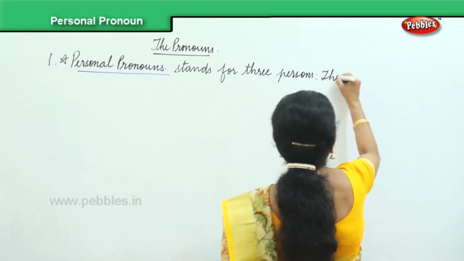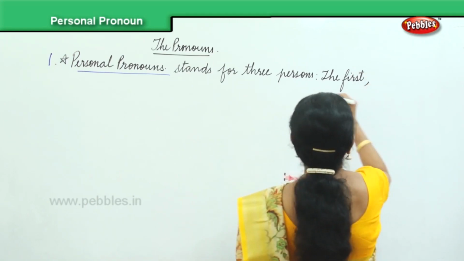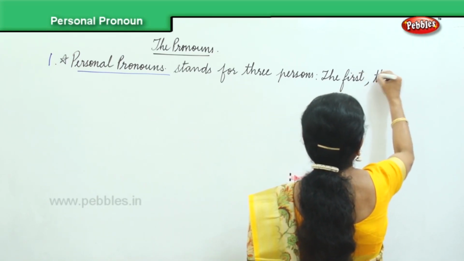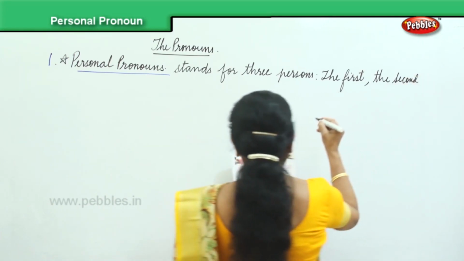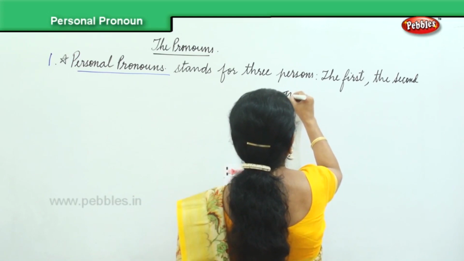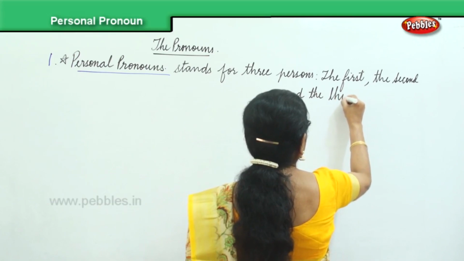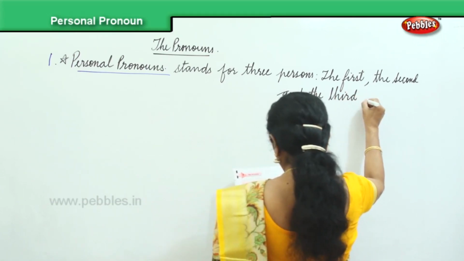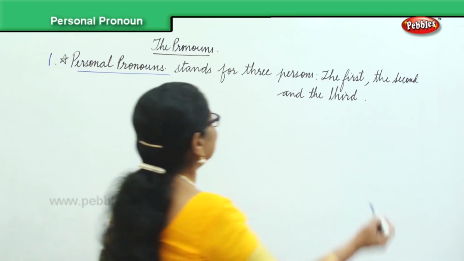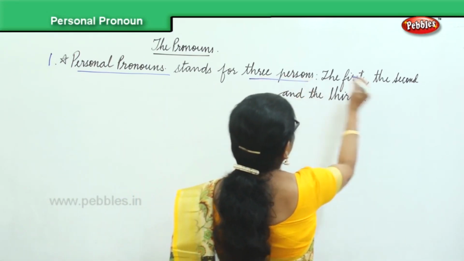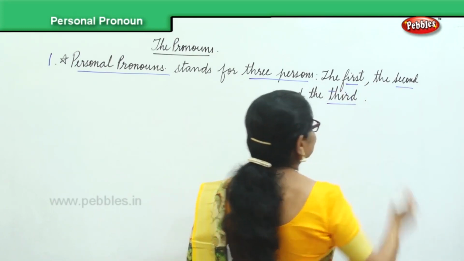The first, then you have the second, and then the third. So we have 3 persons: first person, second person, third person.